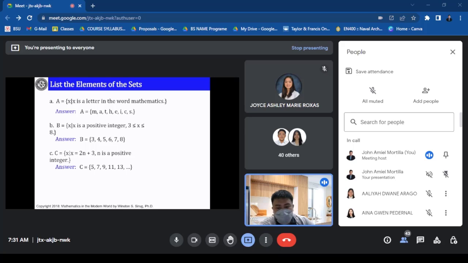Then we will have the answer na C is equal to 5, 7, 9, 11, 13, so on and so forth. Bakit siya so on and so forth sa dulo? Kasi wala siyang in-indicate na range kung hanggang saan lang siya mag-define.